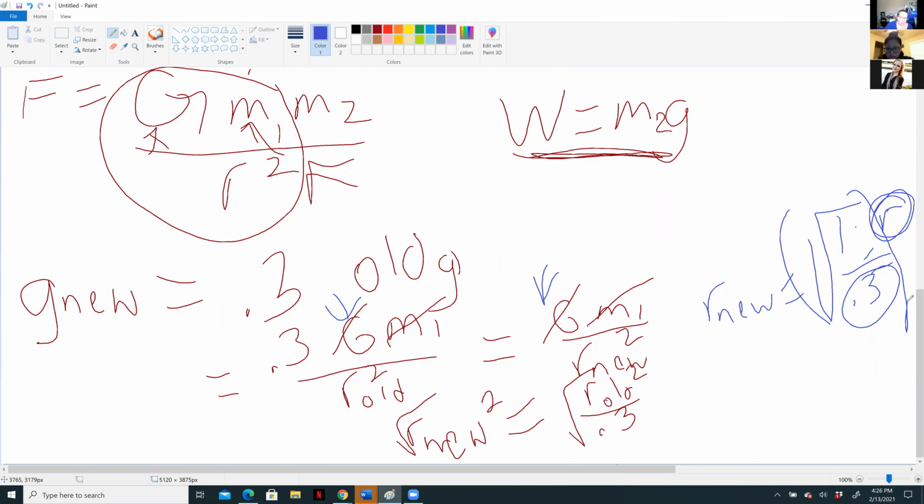The R is outside of the square root now because it started out squared. When it was down here, it was squared. So when we took the square root of both sides to get rid of this square, it got rid of both squares.